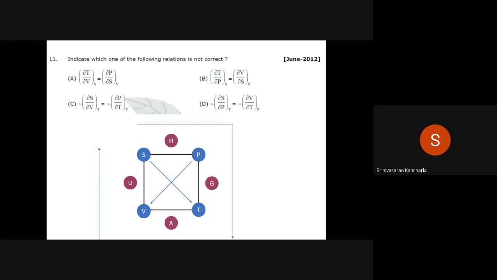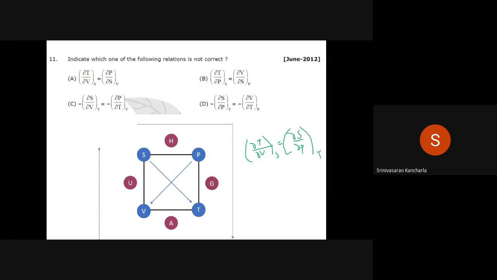So del T by del V at constant S will be equal to, from wherever you end, you start from there, del S by del P at constant temperature.